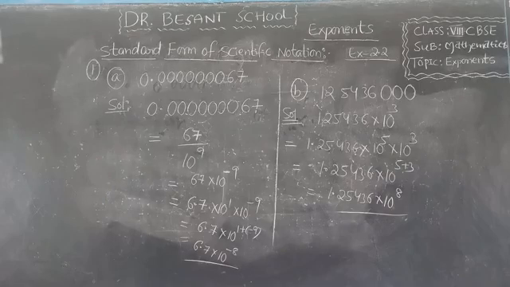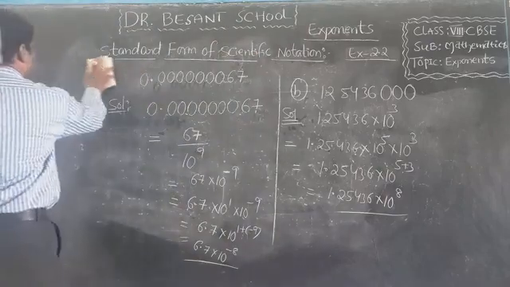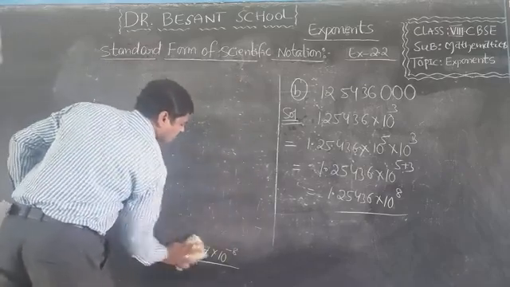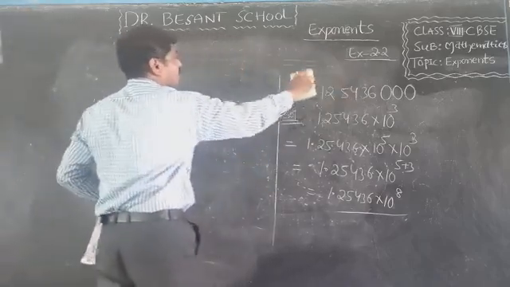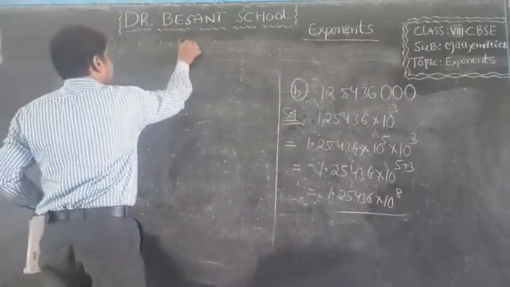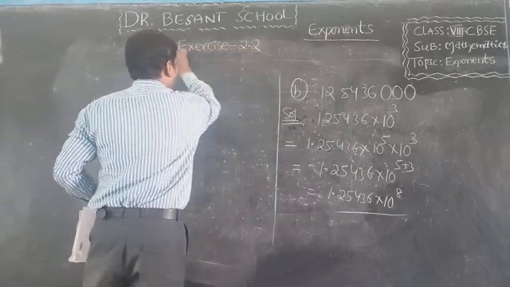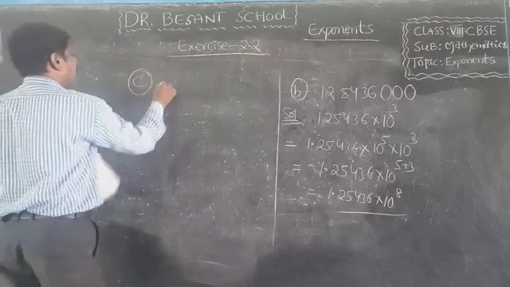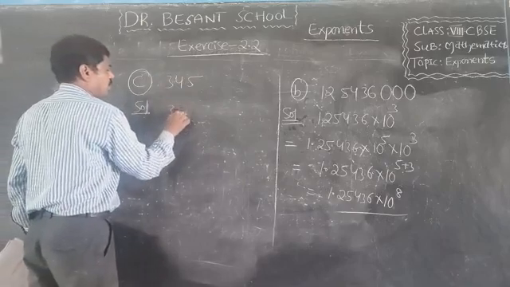Next to C. See, 345. So simply we can write it 3.345.